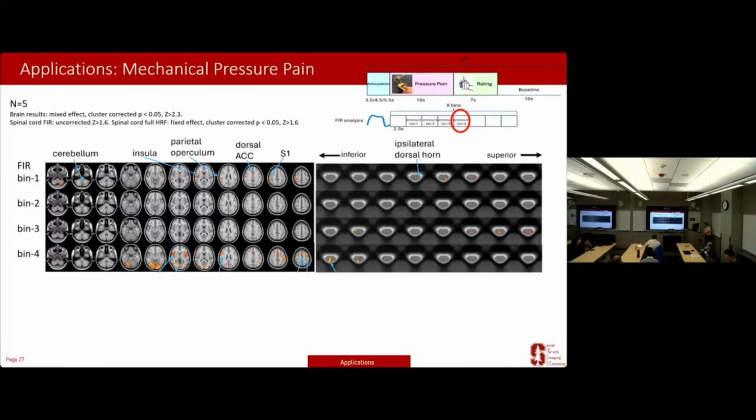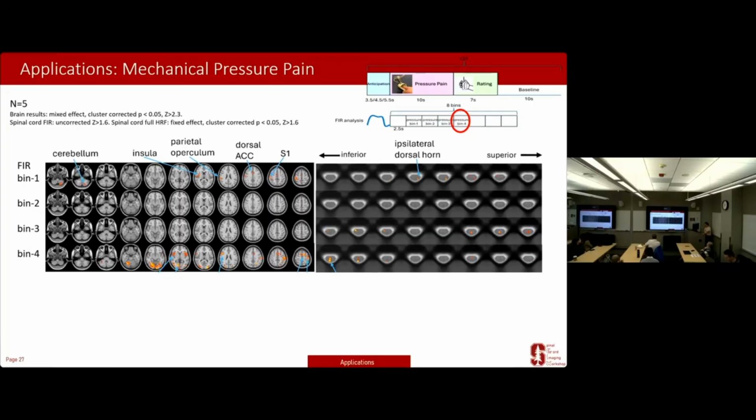Bin 4 aligned with the start of rating. Within this bin, I would expect there could be some activation from the pressure pain, should there be any, but there were none.